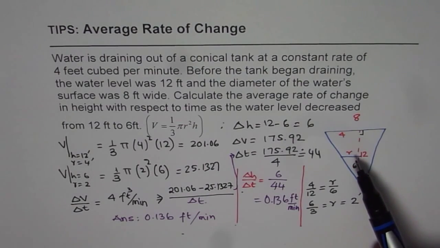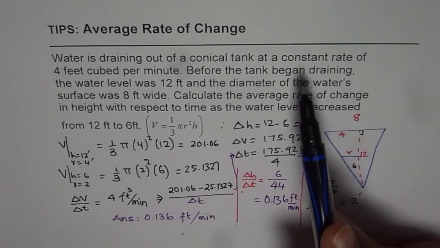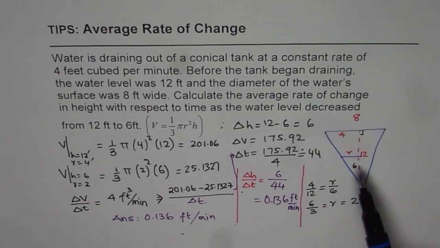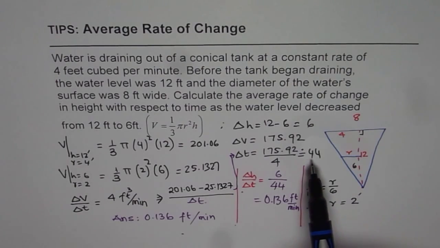Difference in volume told us how much water was drained, and knowing the constant rate at which water is draining out, we found the time. So ratio of change in height over change in time gave us the average rate of change in height with respect to time. That is how we need to solve this.